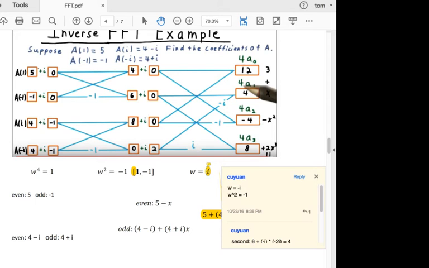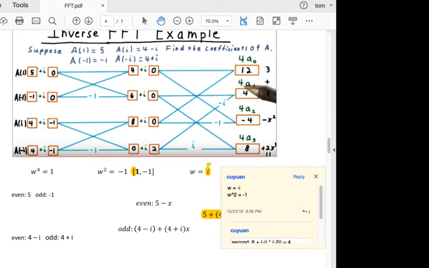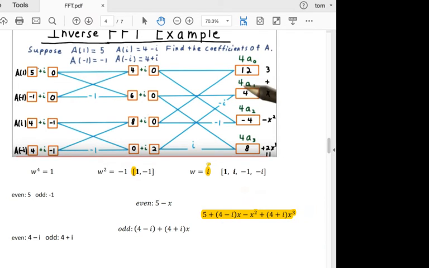So the idea is just to tell you the formula. The formula is even plus omega times odd, even plus omega times odd. Here is 4.